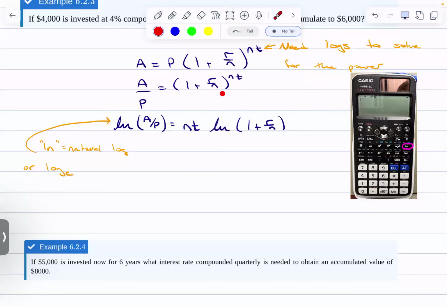And so that's how we bring this power downstairs. And then it multiplies the natural log of 1 plus r over n.